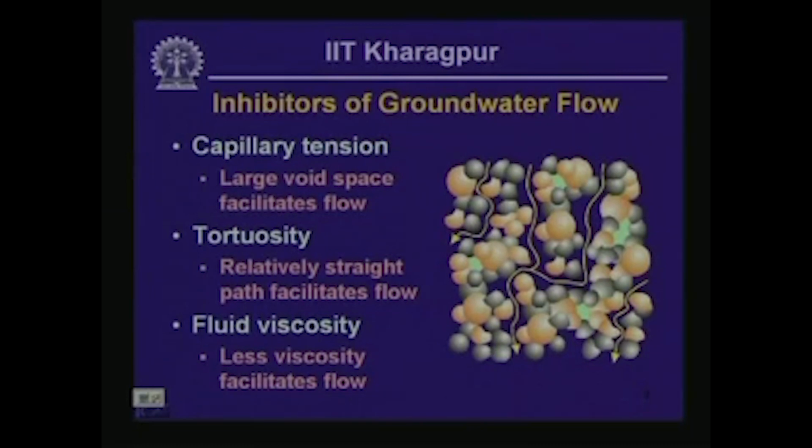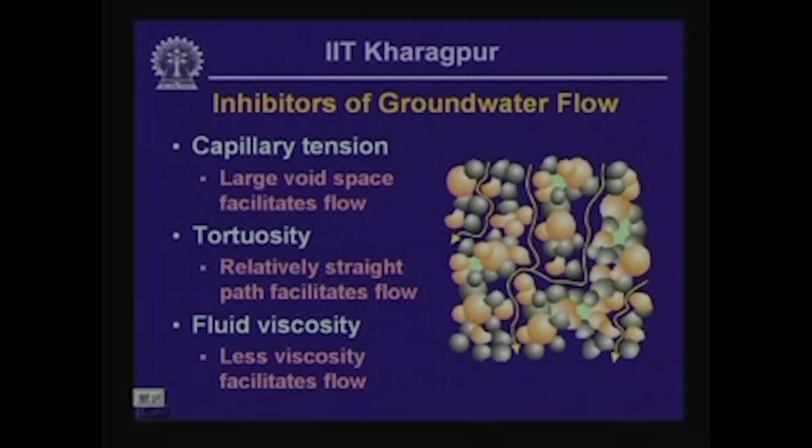Now the question comes, what are the factors that are going to inhibit or discourage the movement of groundwater flow? We know some of these concepts already from the previous lesson. So inhibitors of groundwater flow include, first of all, capillary tension. So we need to have relatively large void space in order to get a reasonably good groundwater flow, as we have already discussed.